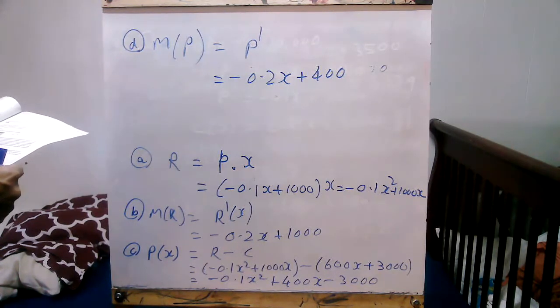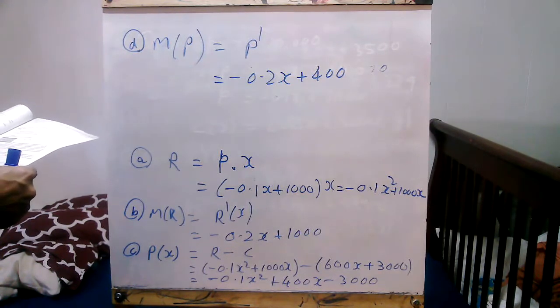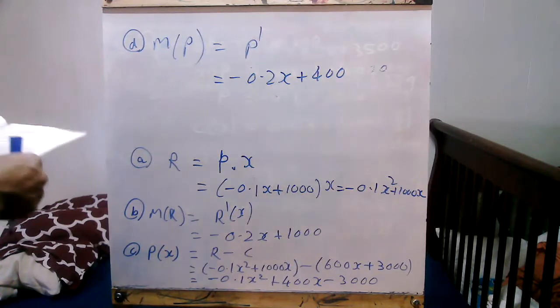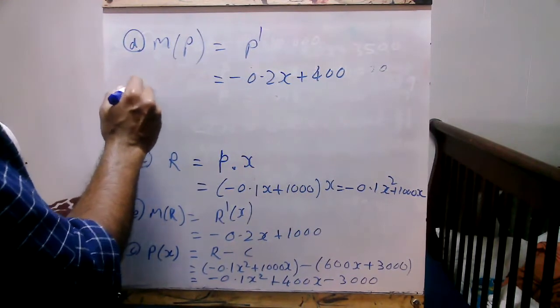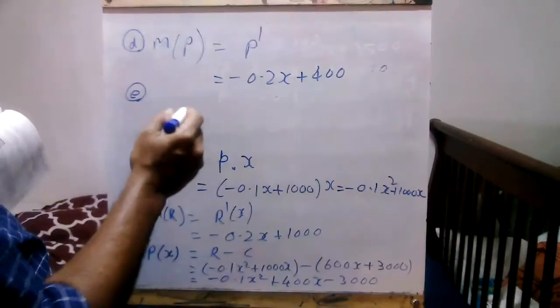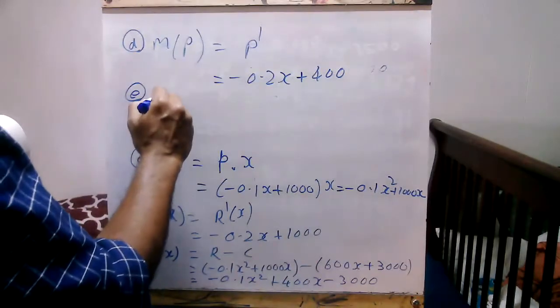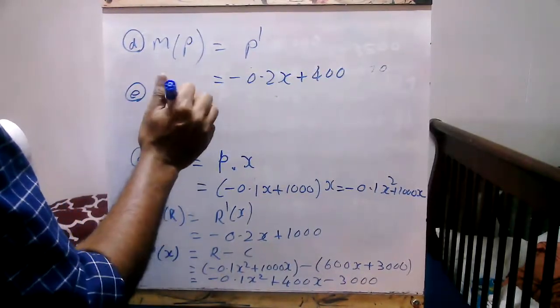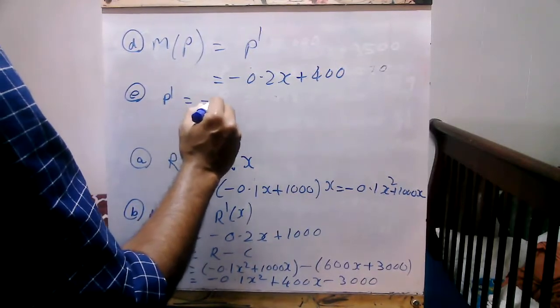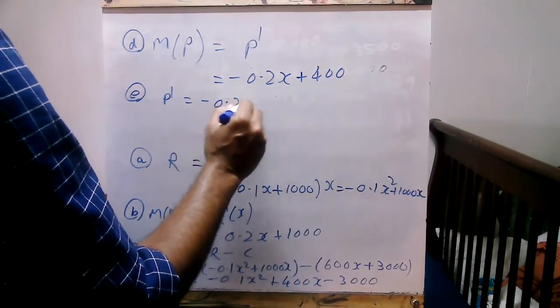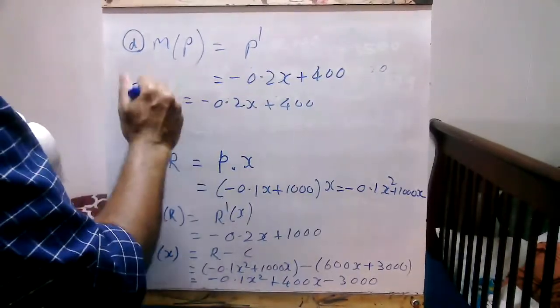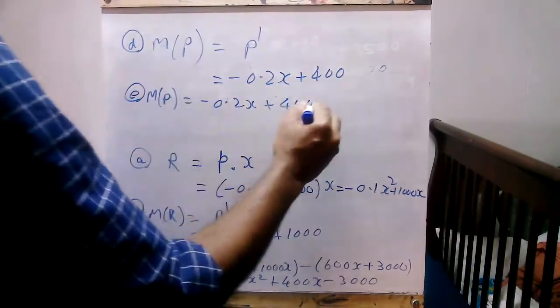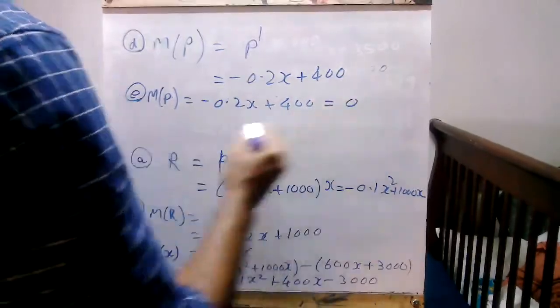E. What is the price for each color television when the marginal profit is 0? In part E, when marginal profit is equal to 0, that means P' equal to negative 0.2x plus 400, or we can say this marginal profit equal to 0.